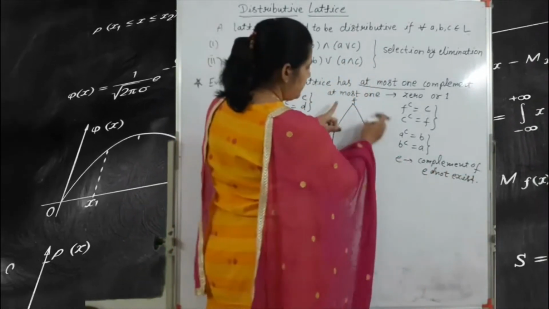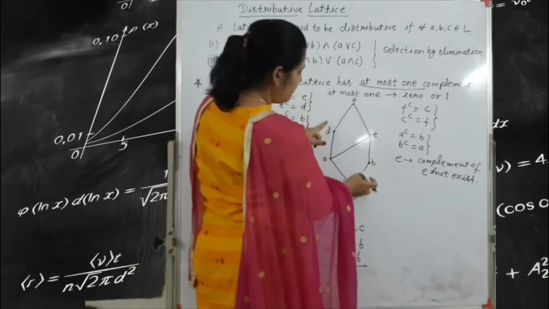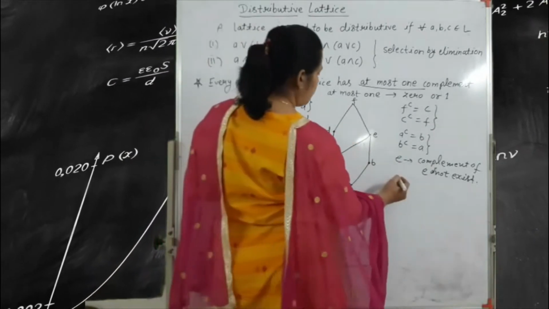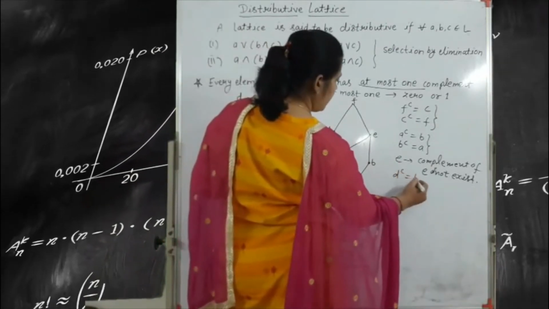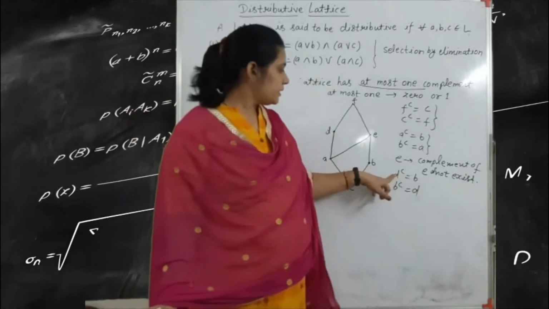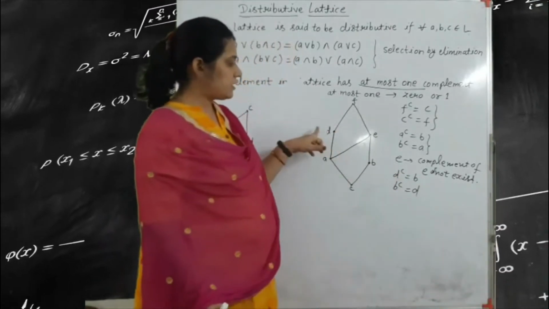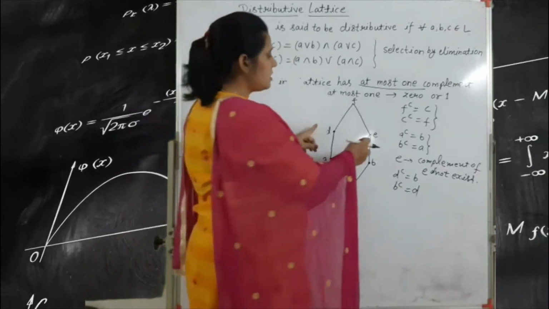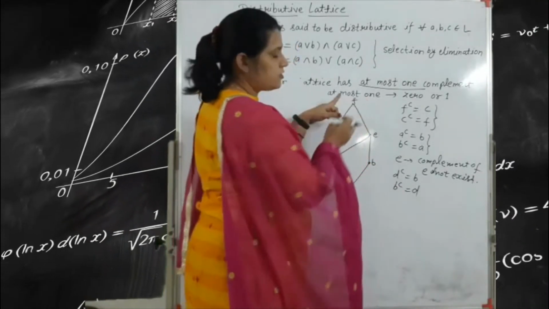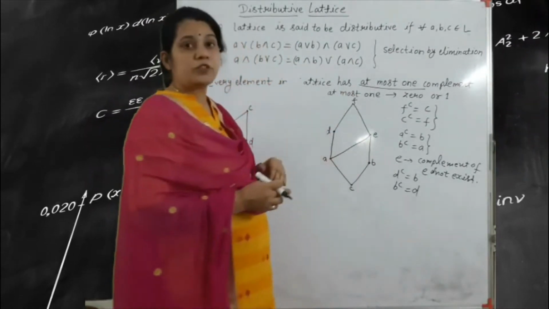Here the complement of A exists, and the complement of B also exists. We have only D with complement B, and B with complement D. The complement of D is equal to B and the complement of B is equal to D. But in case we use D and E, the join is F, the top of the system, but the meet is what? A, the bottom of the system.